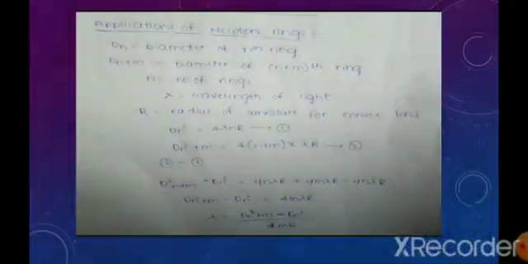Applications of Newton rings. Let dn be the diameter of the nth ring, dn plus m the diameter of the n plus mth ring, n the number of rings, and lambda the wavelength of light. R is the radius of curvature of the convex lens. Dn square equals 4 lambda nR.